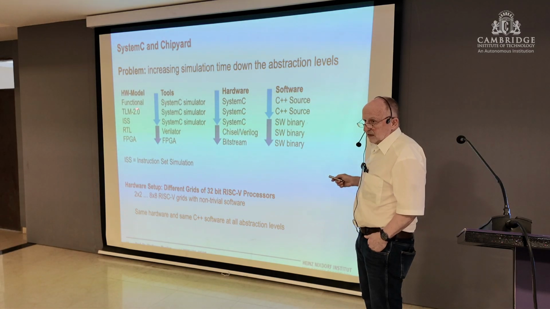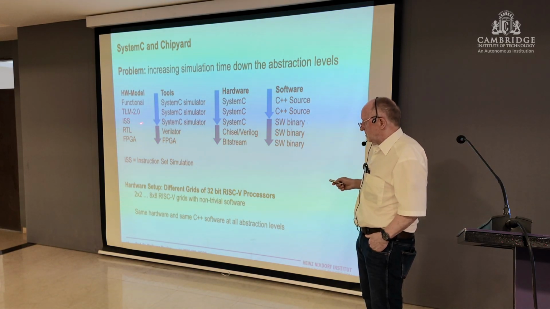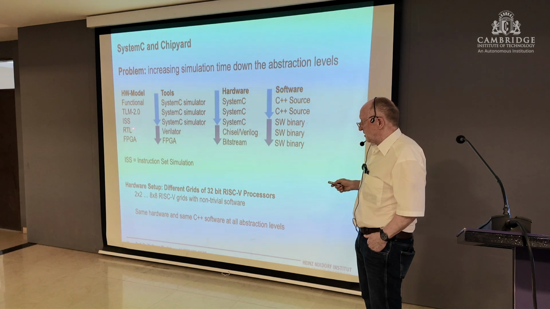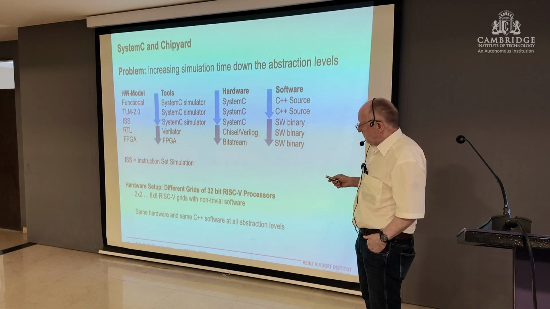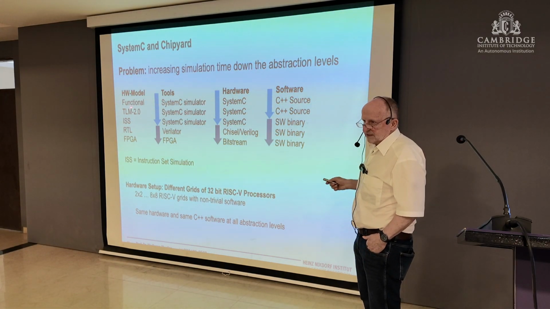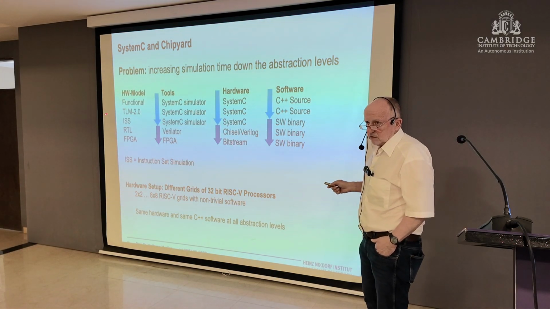You start with C++, multithreaded C++, then you go to SystemC, to a standard level called transaction level modeling. Then you go to instruction set simulation, RTL and FPGA, and Chisel. And we did a complete example with non-trivial hardware and non-trivial software.